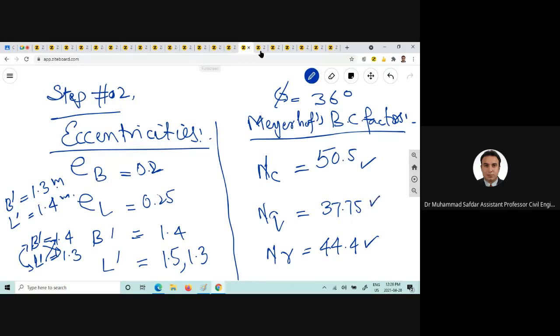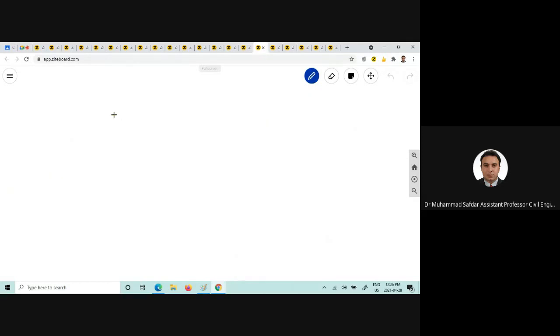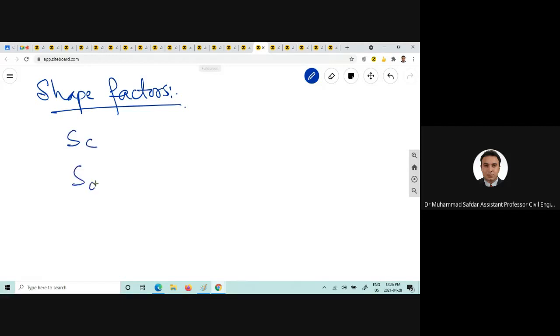Okay, that's good. Now we need to find out the shape factors as well: Sc, Sq, and S gamma.